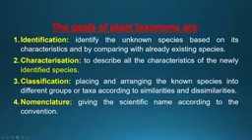Then the characterization: to describe all the characteristics of the newly identified species. Then the classification: placing and arranging the known species into different groups or taxa according to similarities and dissimilarities. The last one is nomenclature: giving the scientific name according to the convention.